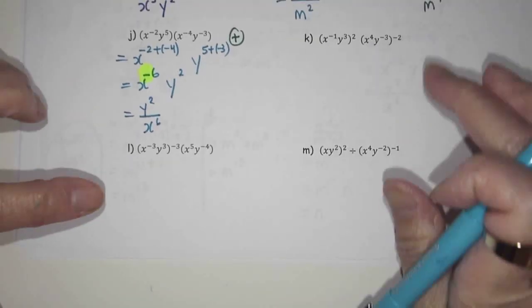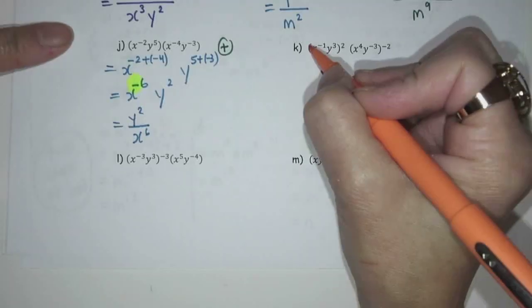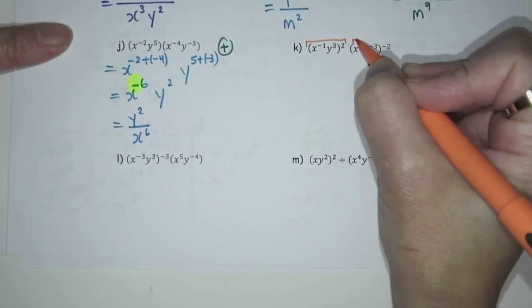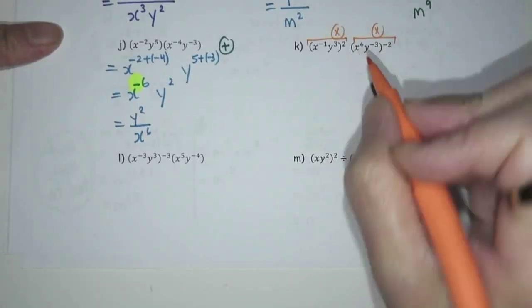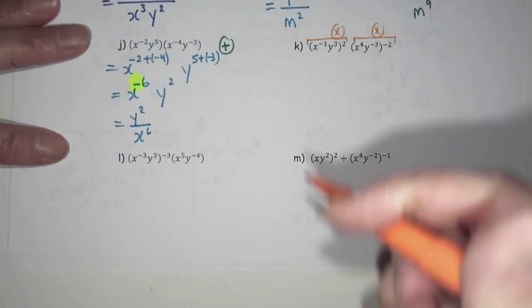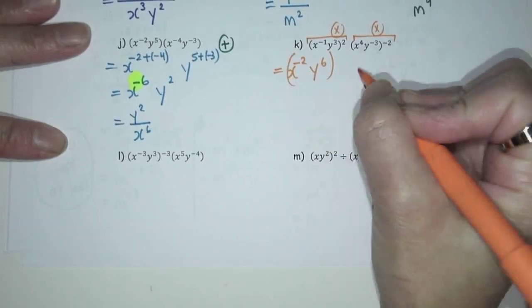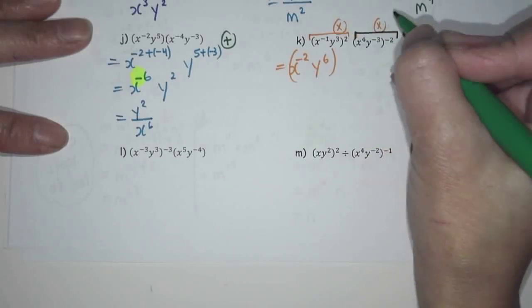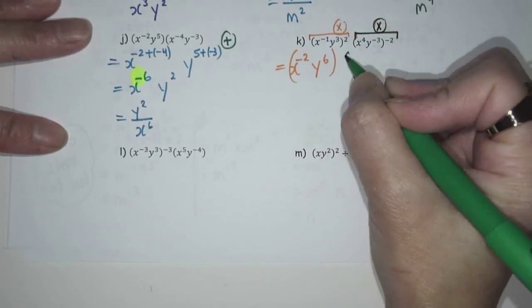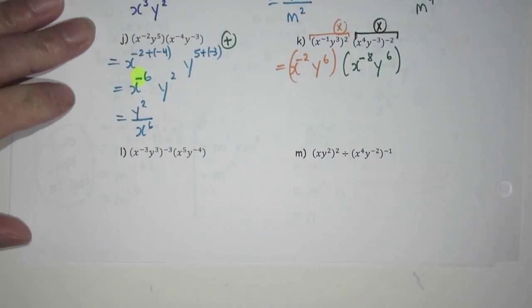Okay, how did I change up these last three? I did double order of operations, so I did exponent laws, exponent, so that means we're multiplying, and then between these two we'll do addition after. So for the first one, we're getting x to the negative 2, y to the 6, and then for the second one, we're doing x to the negative 8, y to the 6, like that.